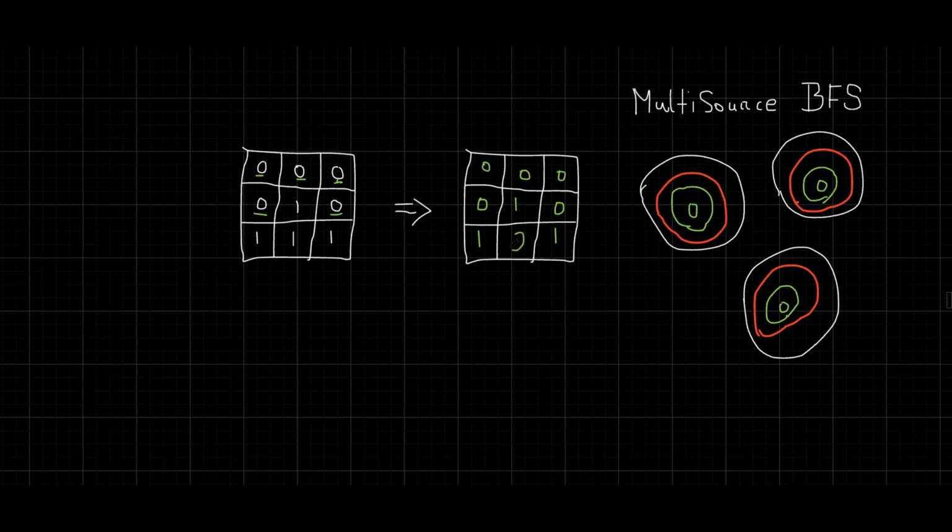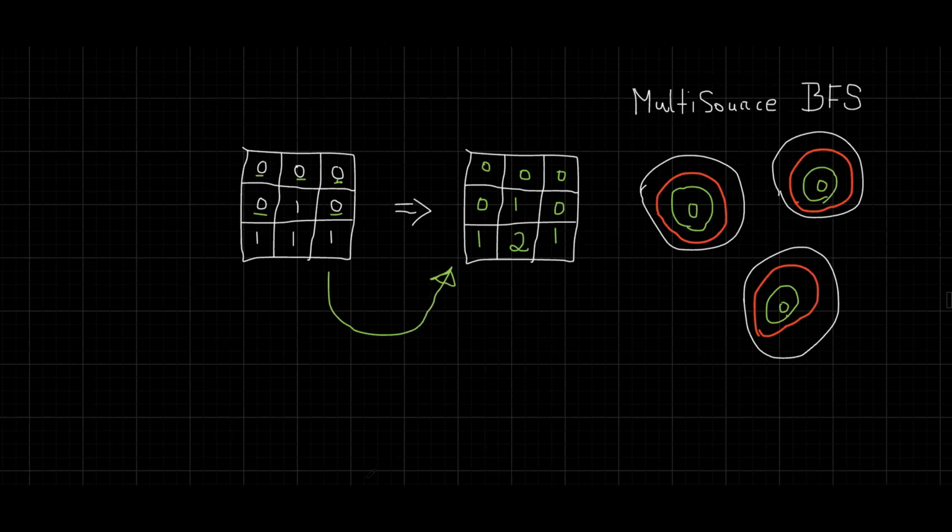So here, it is the second level iteration. Now, for this one, we can go down, it is already visited. For this one, we can go left, it is already visited. So far, this initial matrix is converted into this matrix by using the multi-source BFS algorithm. And this is how we are going to solve this problem. I hope you understood the algorithm.